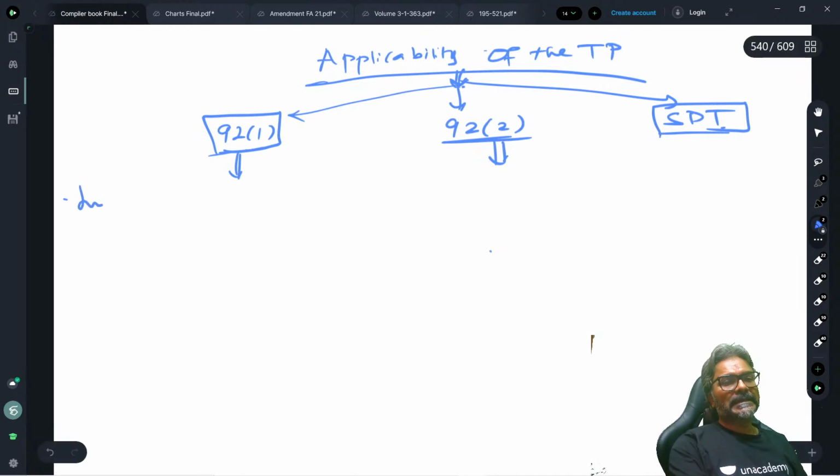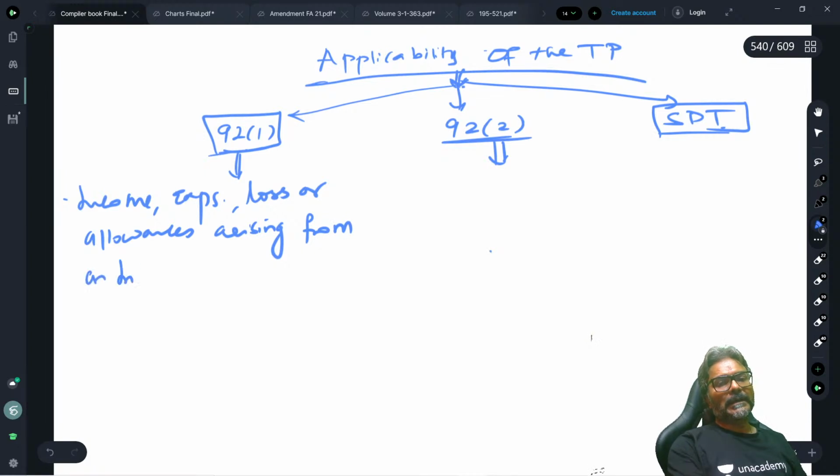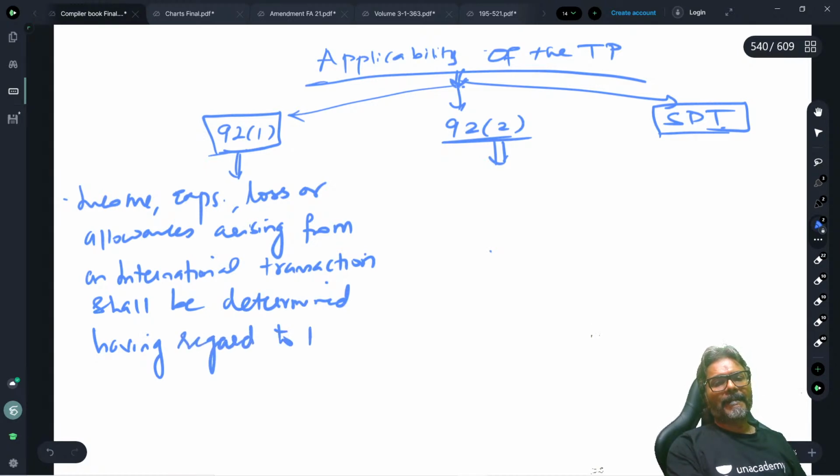So what it says is that income, expenditure, loss or allowances arising from an international transaction shall be determined having regard to the arm's length price.